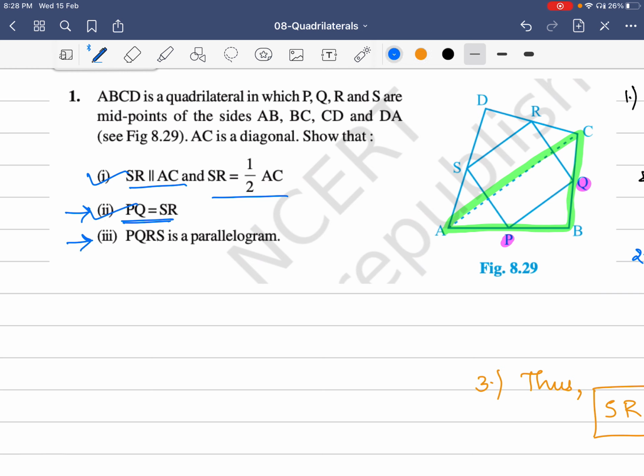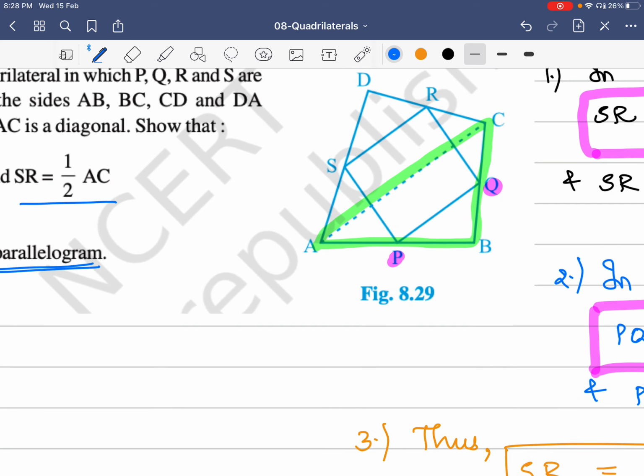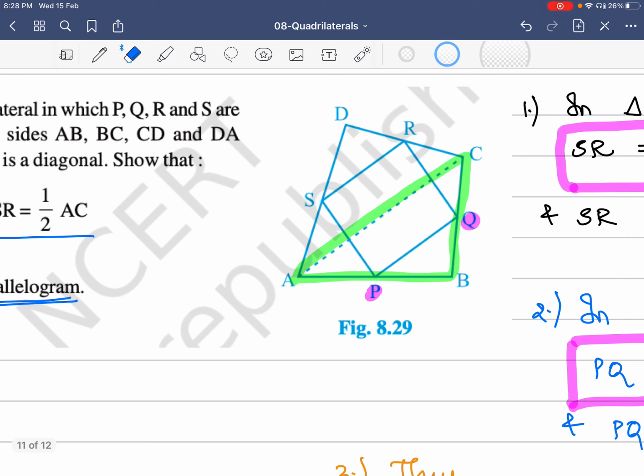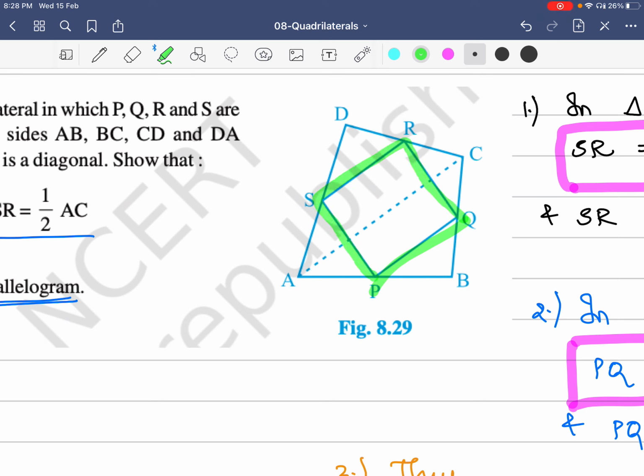Now, the third thing we want to prove is that PQRS is a parallelogram. Let's come to this figure once again and erase this. We want to prove that this figure PQRS is a parallelogram. Now, what is the characteristic of a parallelogram?